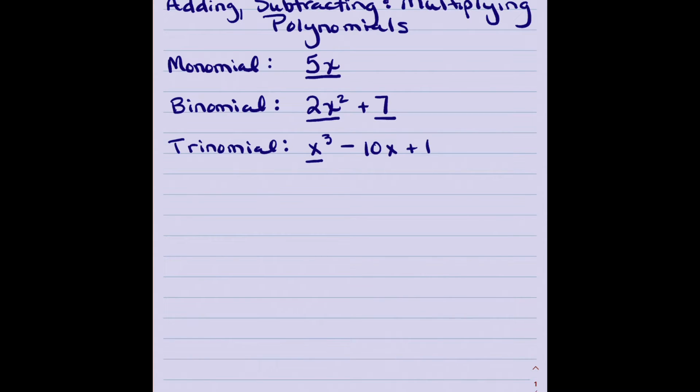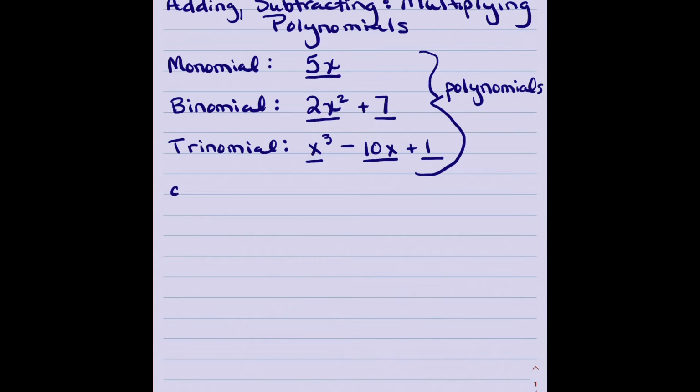And notice that we have 1, 2, 3 monomials being combined with adding or subtracting. And all of these, the general term for these, is polynomial. Even the monomial, which only has one little cluster, is a type of polynomial.